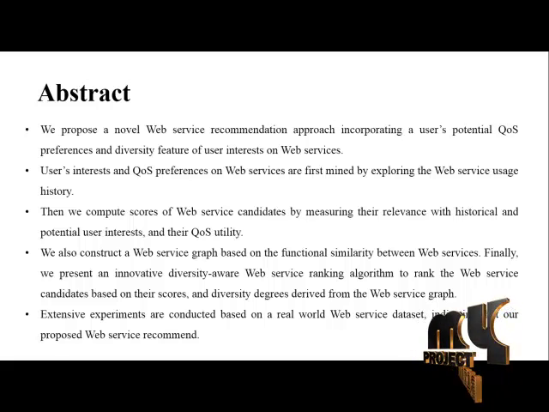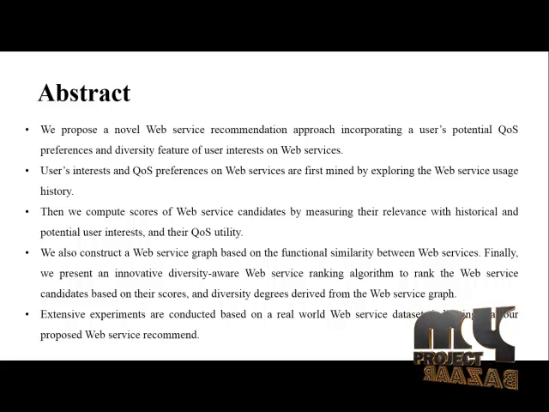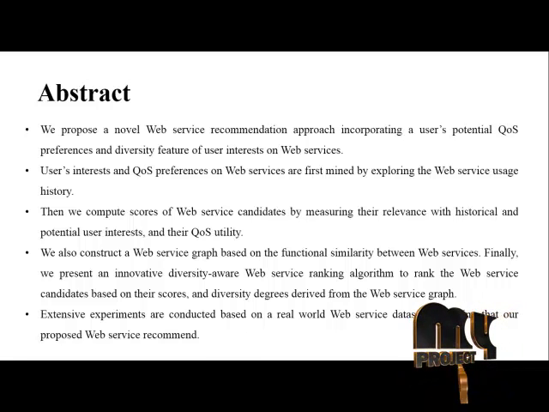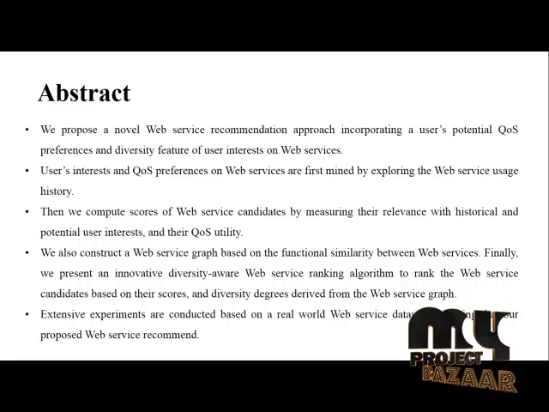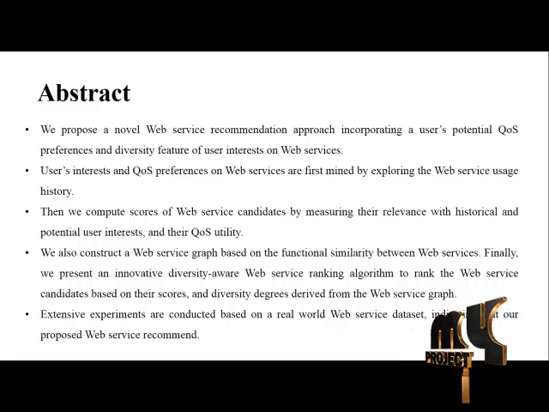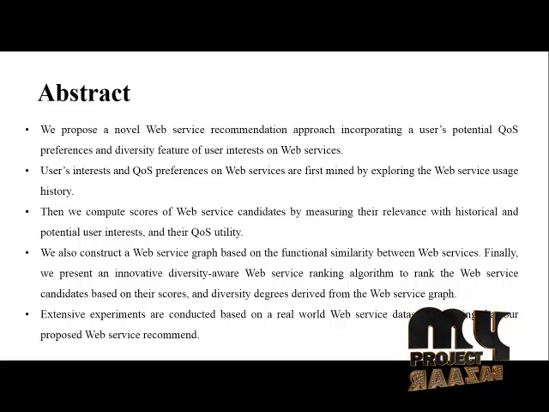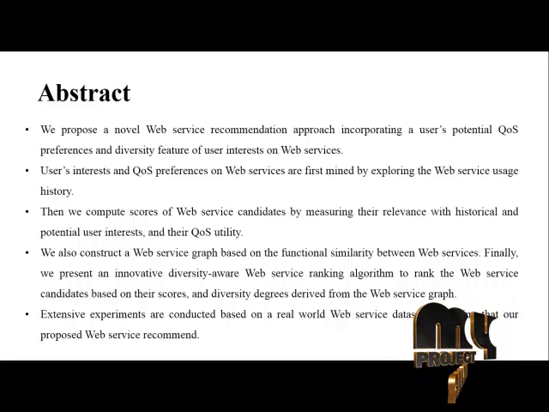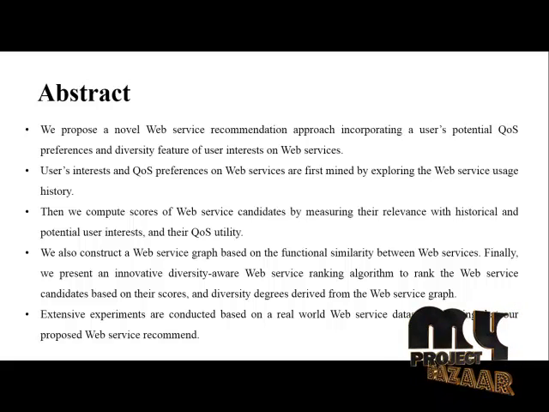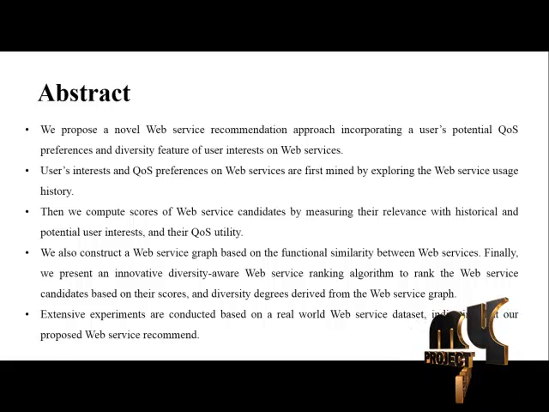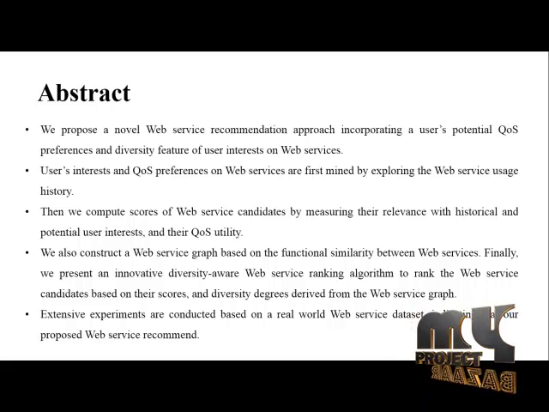We propose a novel web service recommendation approach incorporating a user's potential QoS preferences and diversity features of user interest on web services. Users' interest or QoS preferences on web services are first mined by exploring the web service usage history.